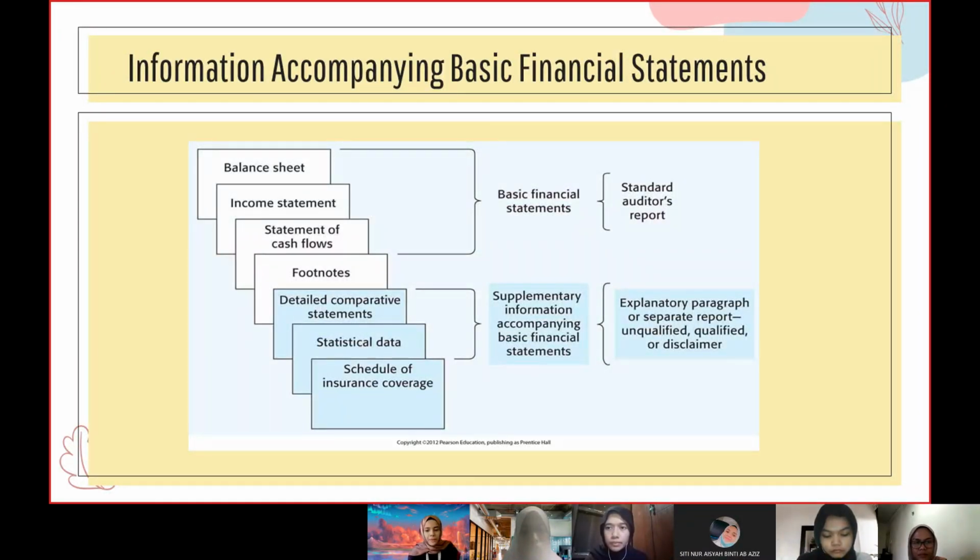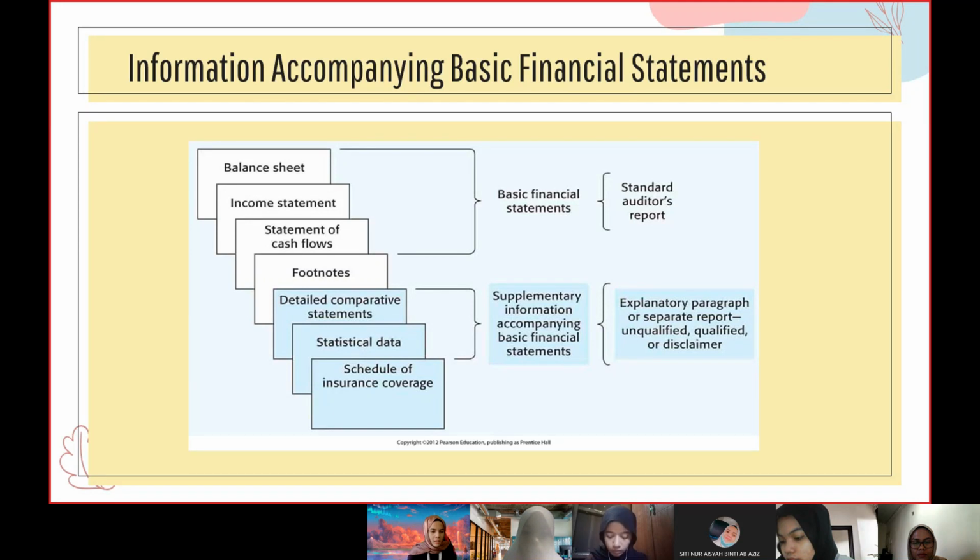Okay. The next slide is about information accompanying the basic financial statements. As we know, the basic financial statements are the balance sheet, income statement, statement of cash flows, and footnotes. They follow the standard auditor's report. But clients also often include additional information beyond their basic statements, such as detailed comparative statements, statistical data, and schedules of insurance coverage.